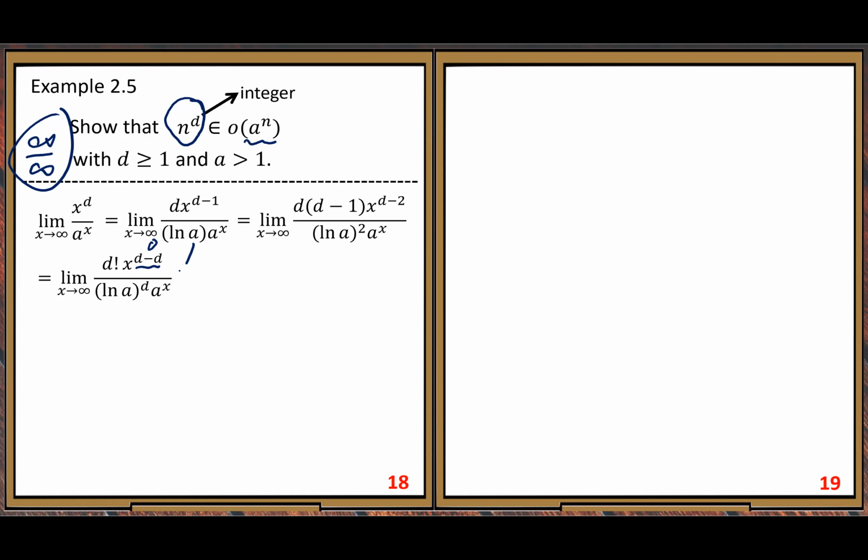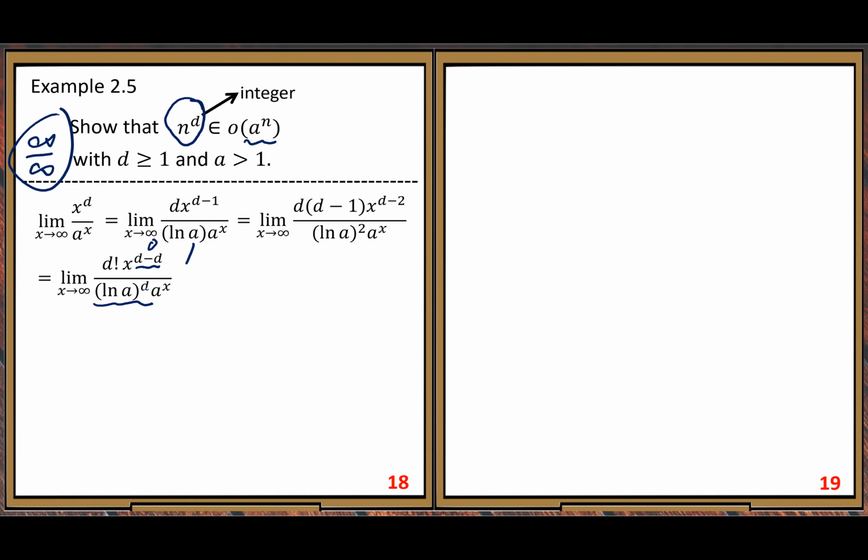When the numerator becomes a constant, it's not an indeterminate form. That means we can stop at this point. And for the denominator, because we apply L'Hopital's rule d times, it's the natural log of a to the dth power.